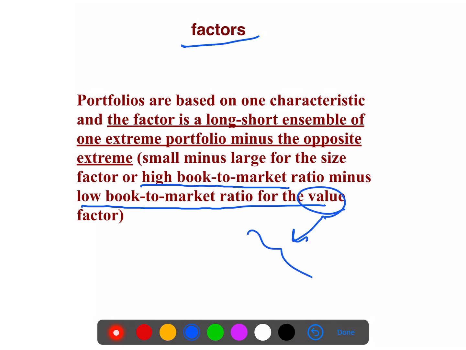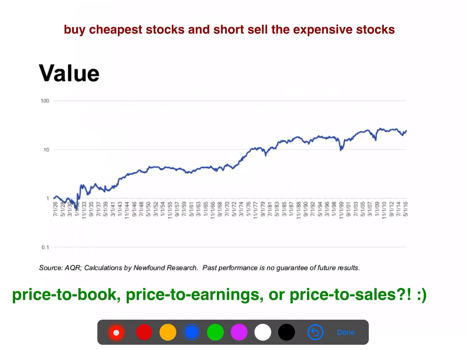For value, people define four or even more different measures. Some people say book to price, earnings to price, sales to price, different metrics. So when a person says value factor, you should see what's behind their model. It could be anything, and the results change dramatically.